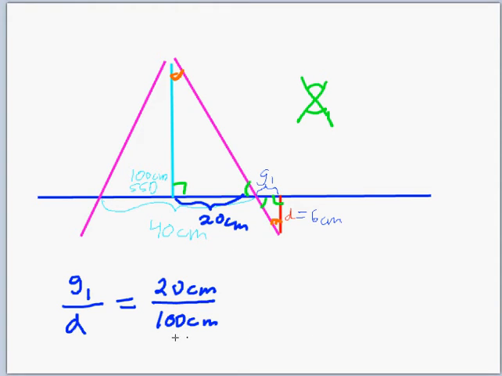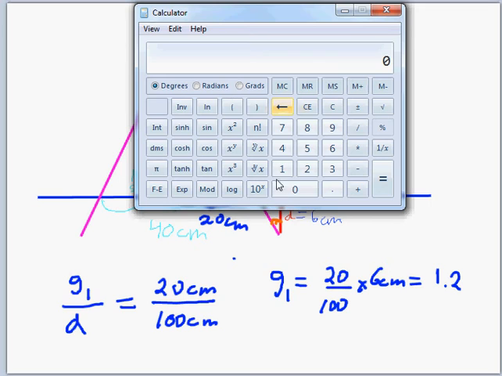And since I know that D is equal to 6, I can rewrite this as G1 is equal to 20 centimeters divided by 100 times 6. I said this D is equal to 6, multiplied it through, and that's going to equal 1.2 cm, which I can prove to you here.